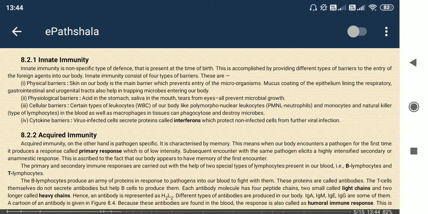Against the antigen, the macromolecule formed inside our body is the antibody. Antibody is produced by the B lymphocyte. The T lymphocyte is not directly antibody producing, but it helps the B cell in producing antibody.